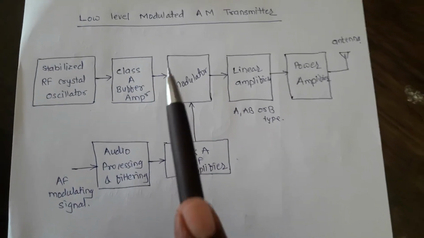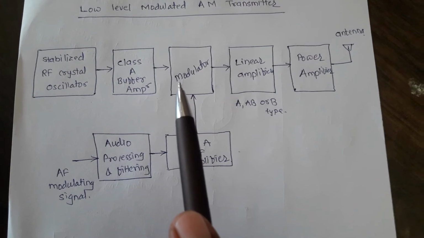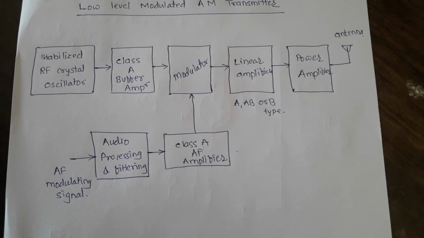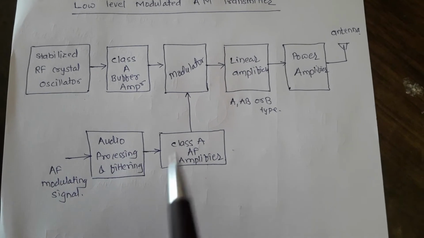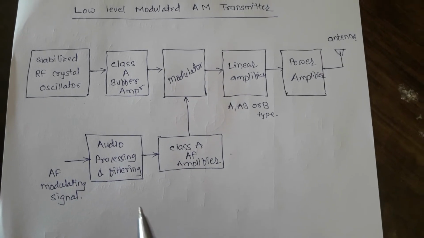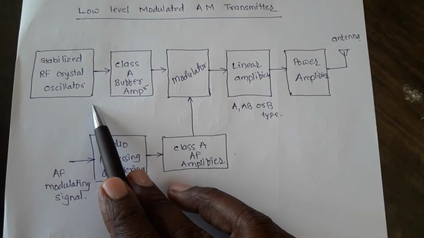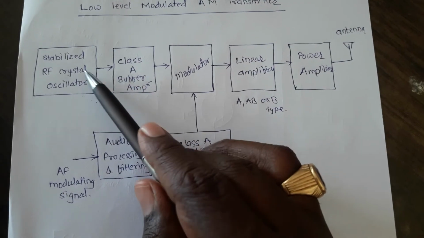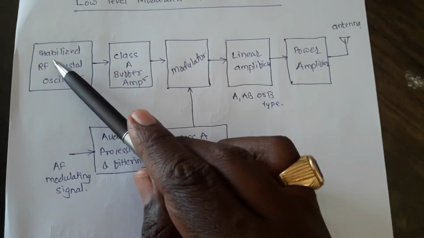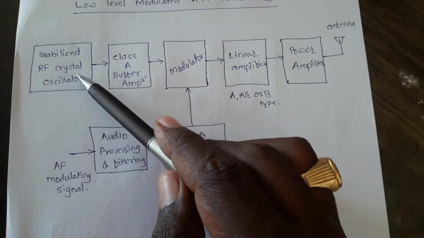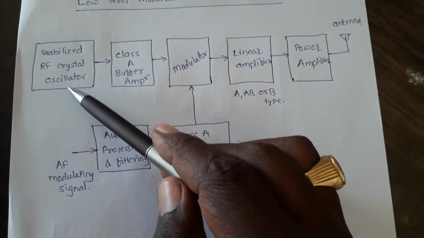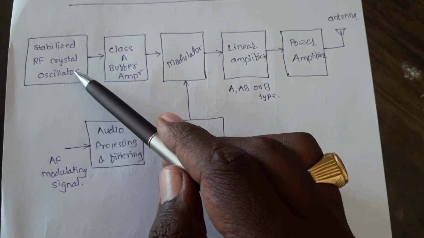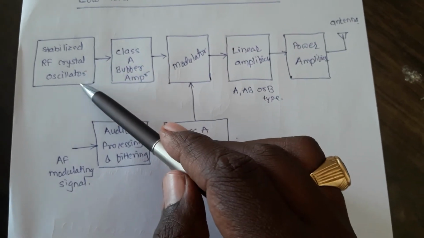For low level modulation, the carrier frequency is equal to the transmitter frequency, so this frequency should remain very stable. To achieve this stability, we are using stabilizers, hence the block name stabilized RF crystal oscillator, to make the transmitter frequency as well as the carrier frequency stable.